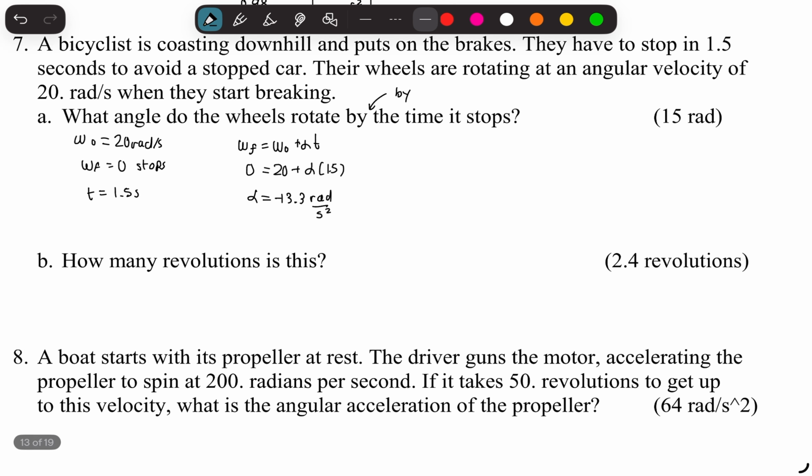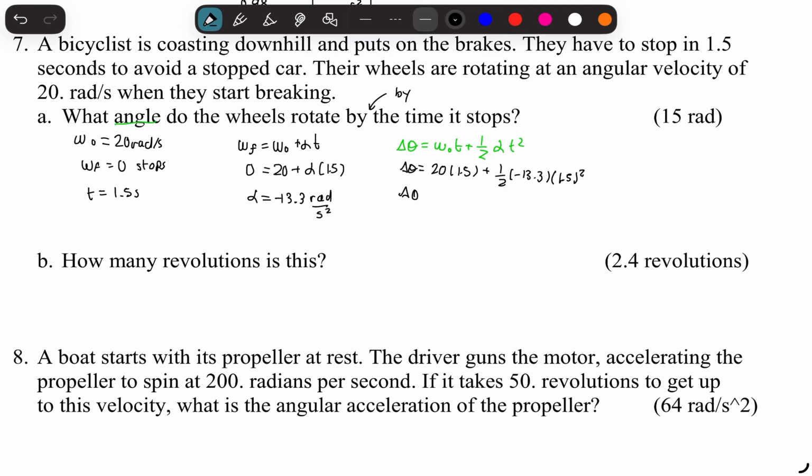Now, we have our angular acceleration, but we need the angle that the wheel rotates by when it stops. So then we have to use a second kinematic equation, actually. So then we have that delta theta is equal to omega t plus 1/2 acceleration t squared. And this is going to be delta theta is equal to 20 times 1.5 plus 1/2 times negative 13.3 times 1.5 squared.